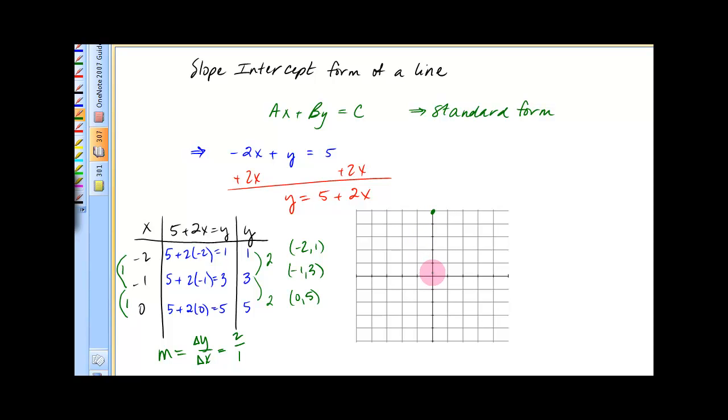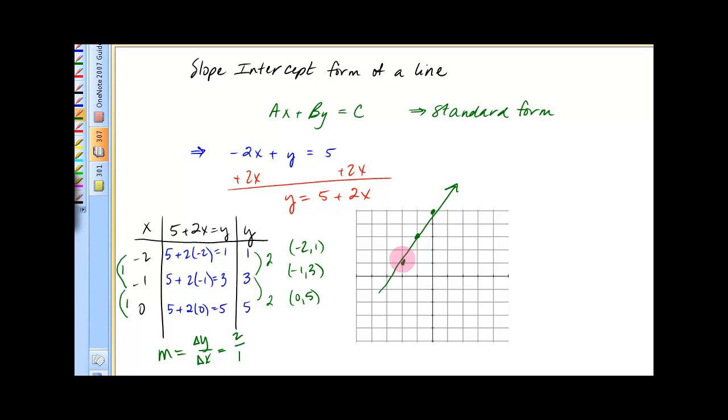Okay, I am going to plot negative 1, 3, so I'm going to go negative 1, up 1, 2, 3. And then the next one I'm going to plot is negative 2, up 1. And I have a straight line that I can draw here.